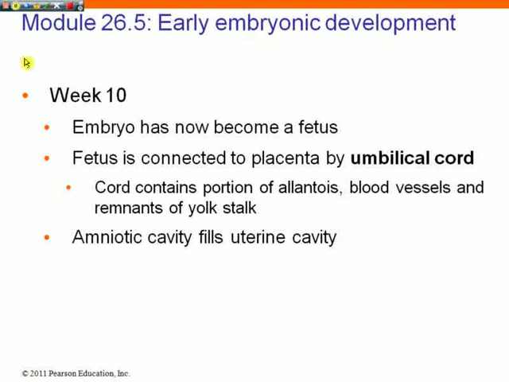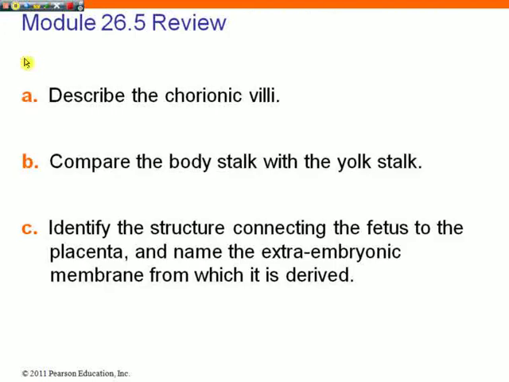The fetus is connected to the placenta by the umbilical cord, and the cord contains portion of the allantois blood vessels and remnants of the yolk stalk. The amniotic cavity now fills the uterine cavity. It's full of amniotic fluid to provide protection and support for the developing fetus.